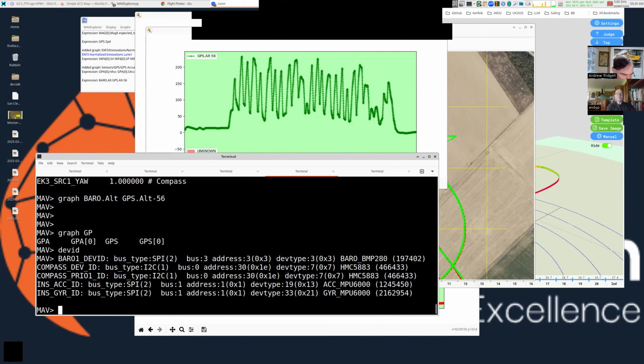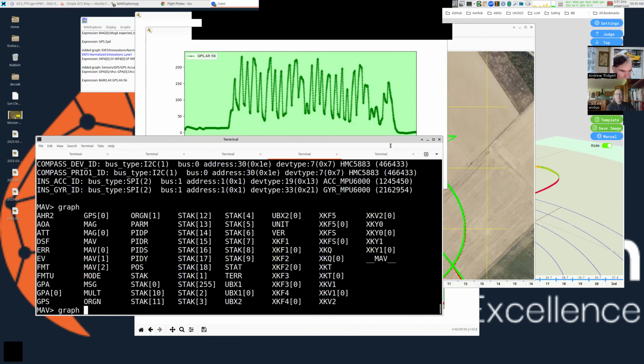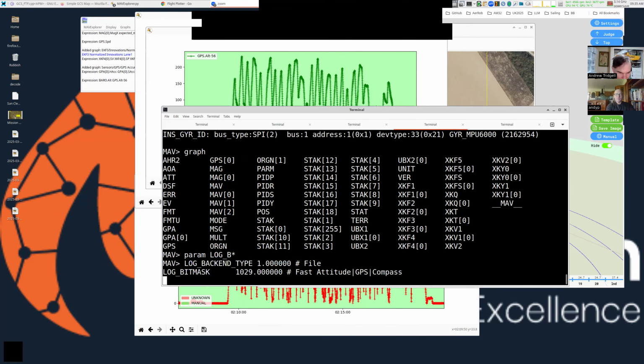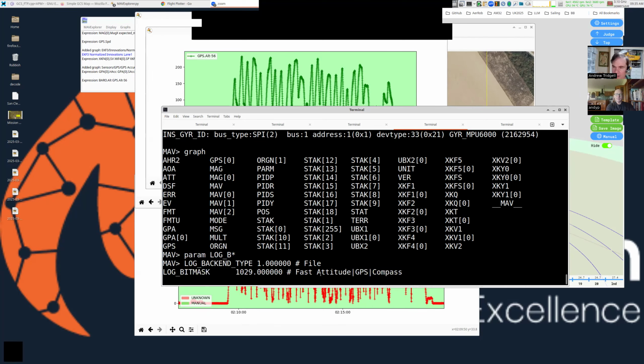Oh, hang on. This is a really old ArduPilot. Yes, no, what he's got, param log bitmask. Yes. He's got the log bitmask turned down, so it's not logging the barometer. So it's using the barometer, but it's not logging it, right? And so we can't actually bring up that graph because the barometer is just not logged at all.